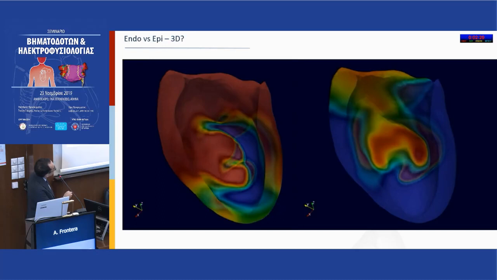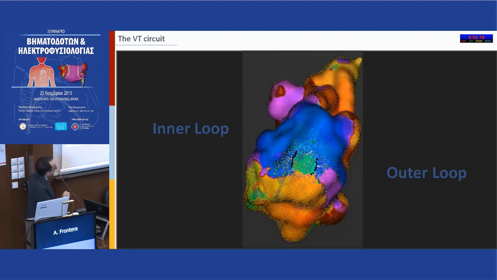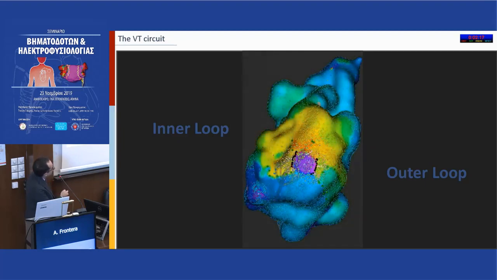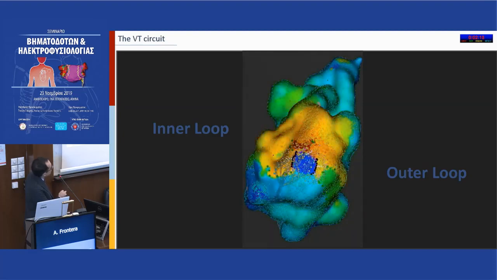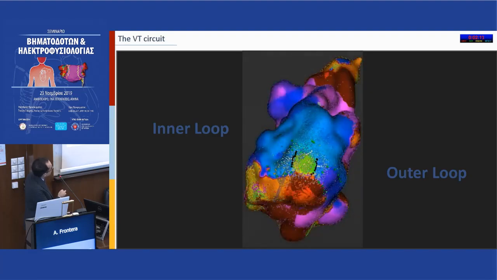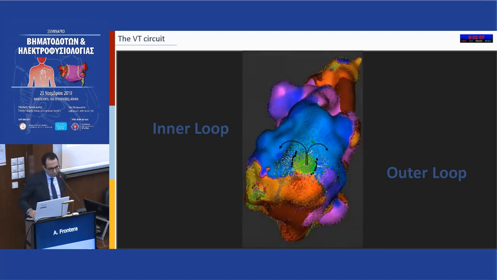You can tell exactly the endocardium is getting slow, while the epicardium, which is this one here, is getting fast. And also we are trying to characterize the VT circuit, not only the inner loop, but also the outer loop, because this is the most important part of the circuit, what is called the outer loop.